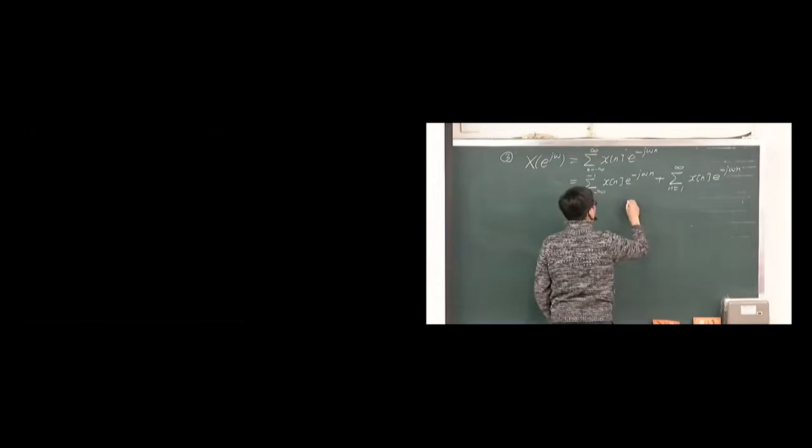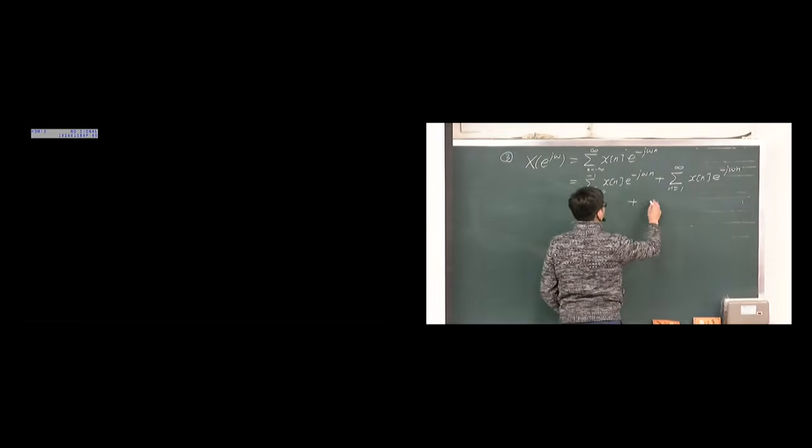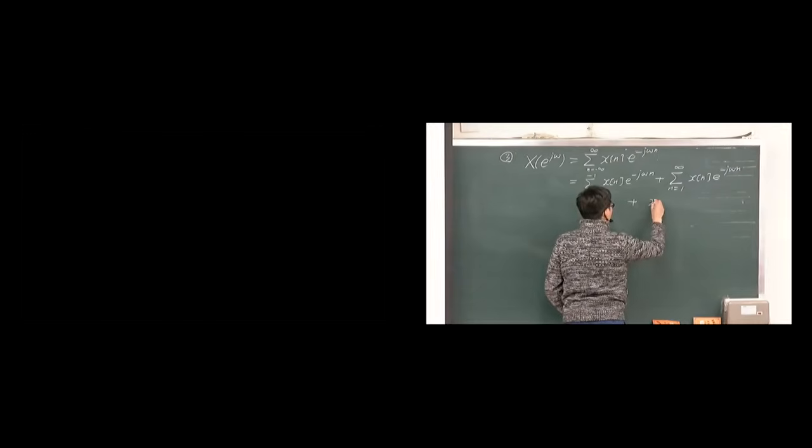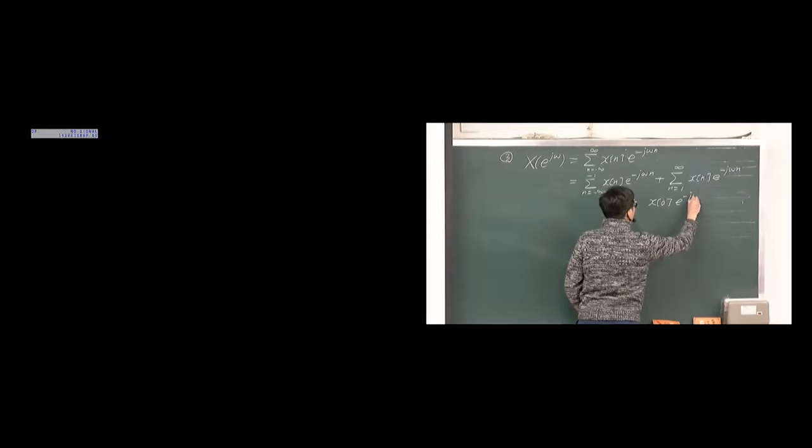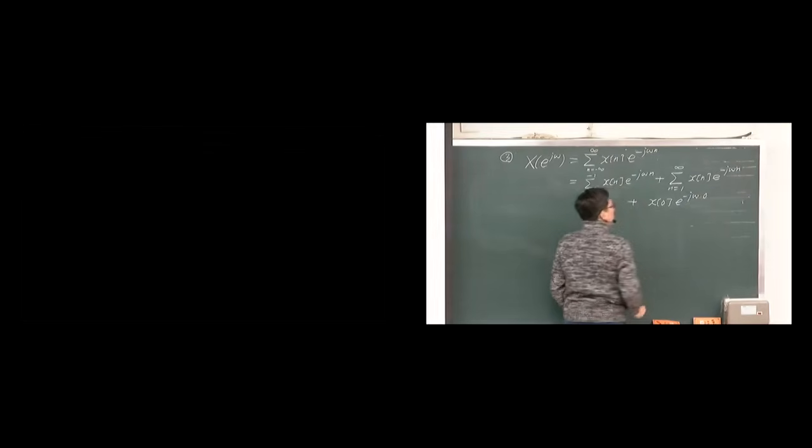And there's a third term. What is the third term? What's the missing term? n equals 0, right? So the third term is n equals 0, only one term, no summation. So x[0] e to the minus j omega 0.